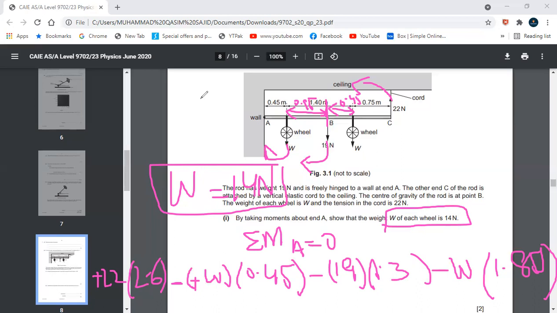Done or not? I'm going to erase it. Is this done or not? No sir, the calculation is complete. Okay.